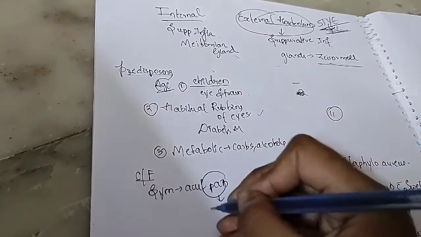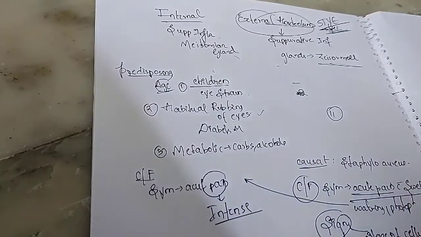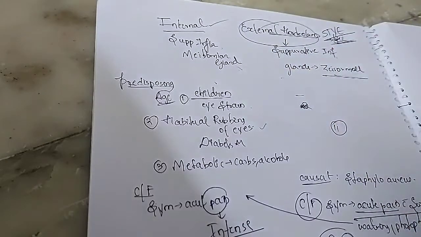The difference is that pain is more intense in the internal hordeolum, because the swelling is impacted deeply in the dense fibrous tissue. As the name itself suggests, the swelling is quite deep compared to the external hordeolum. That is why internal hordeolum swelling is more painful.